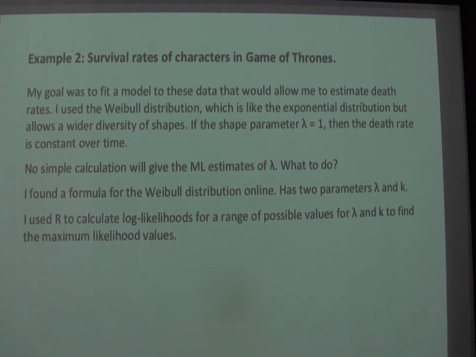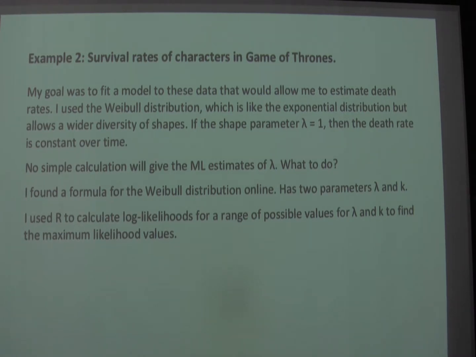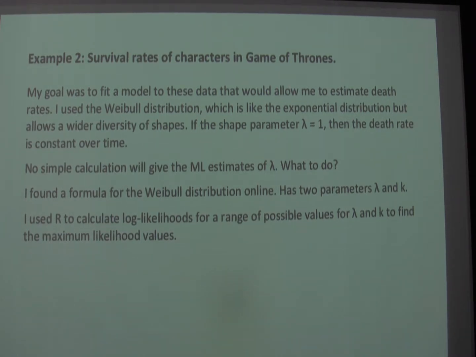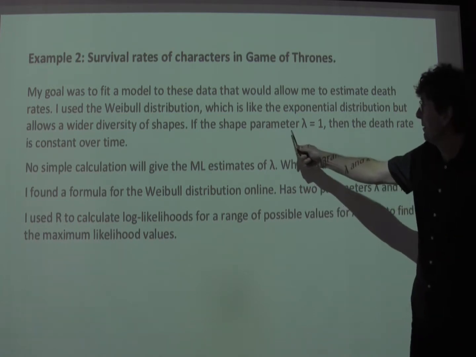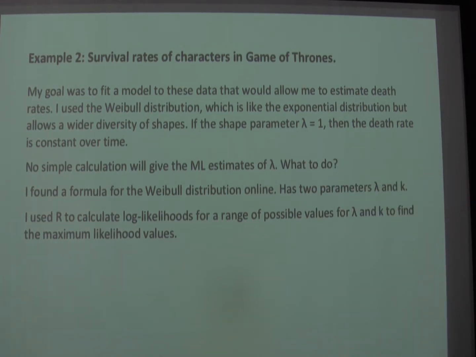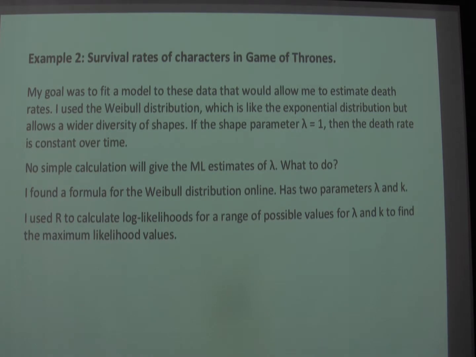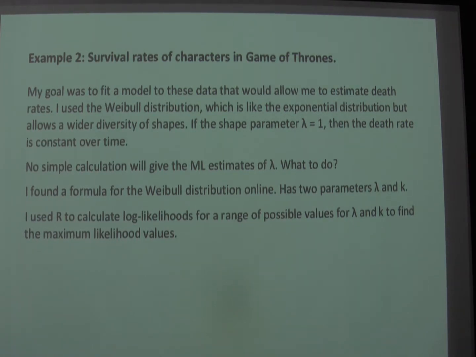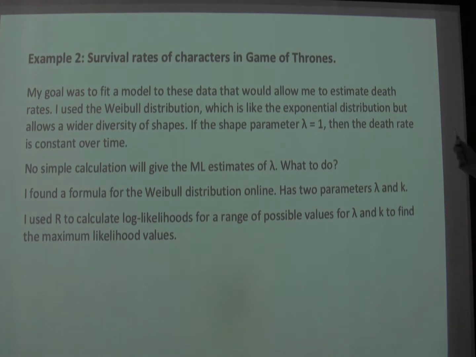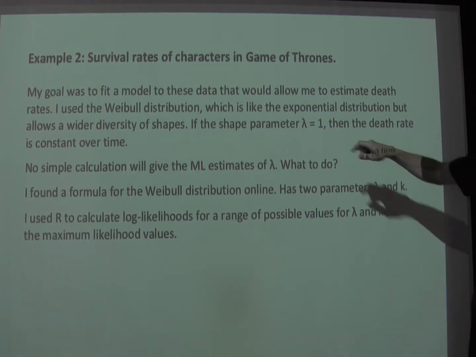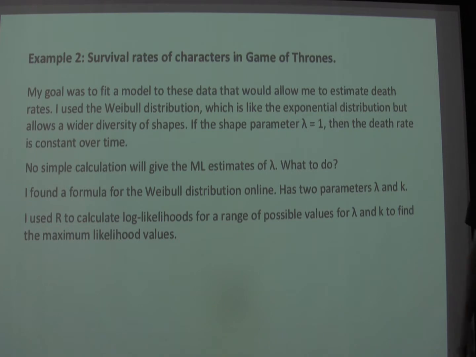It's like an exponential distribution, but it allows a greater variety of shapes. If the shape parameter of the Weibull is 1, then the death rate is constant over time. It fits an exponential distribution. One reason for trying to fit a Weibull might be to ask, is this parameter close to 1? Can the survival of male characters over the show be described as a process which is approximately constant and independent of time since first appearance?